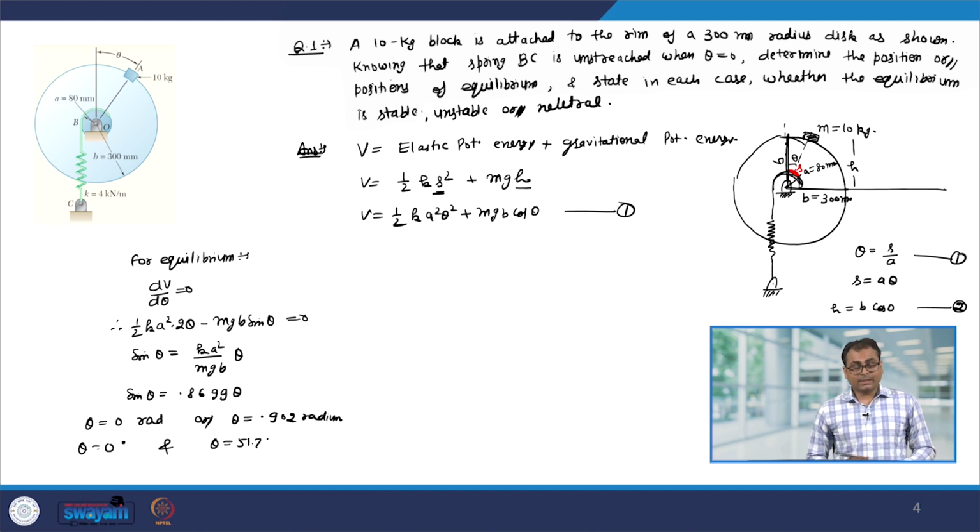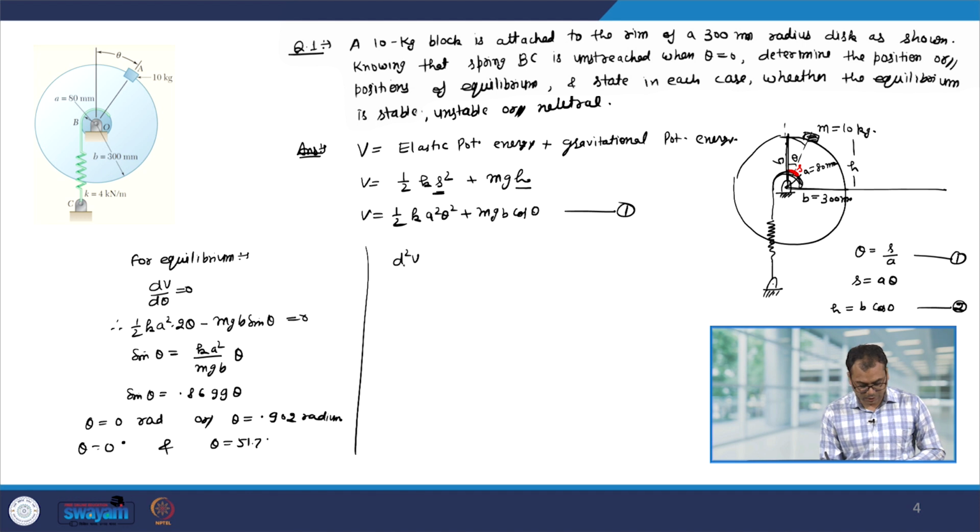Now, let us look at the second derivative. So, let us find out what is d2V over d theta square. This will be k a square minus mgb cos theta. Again, the values of a, b, m, etc. are given.